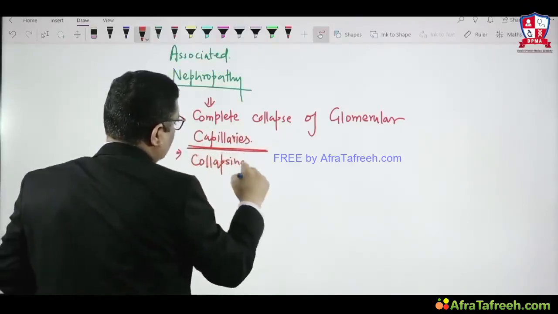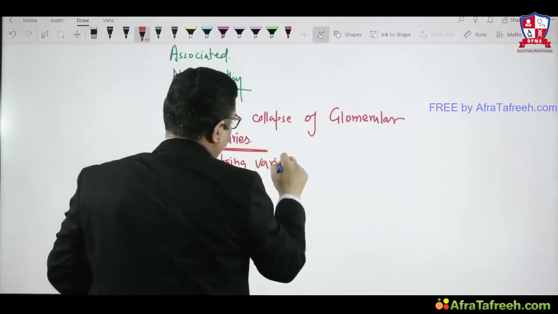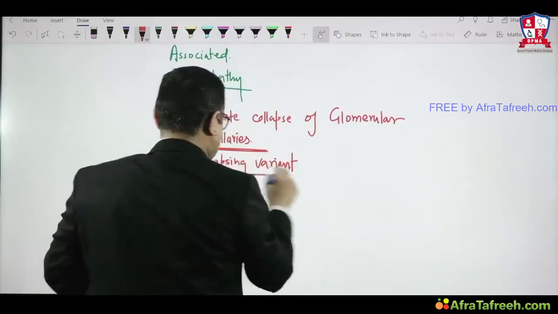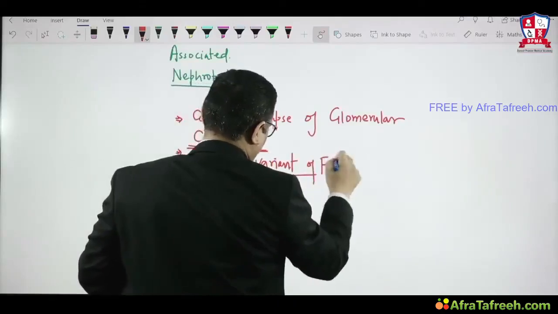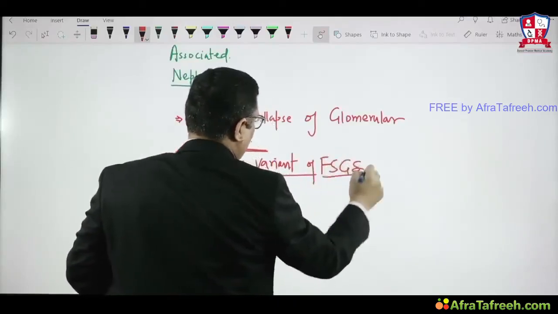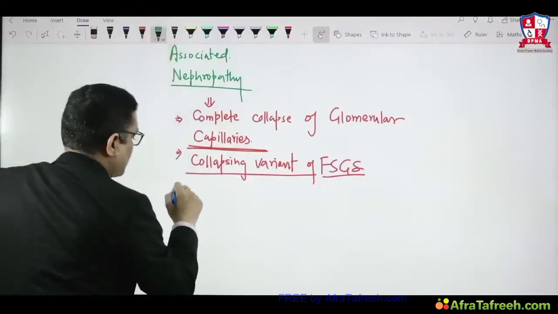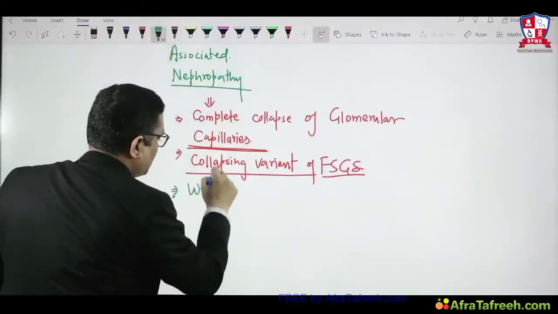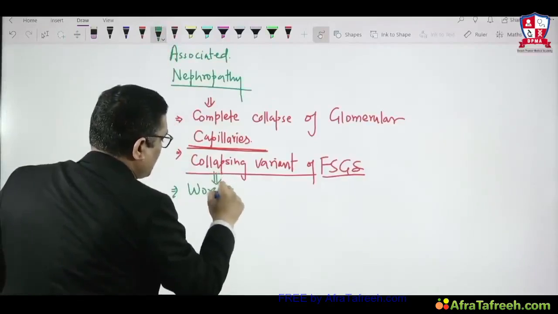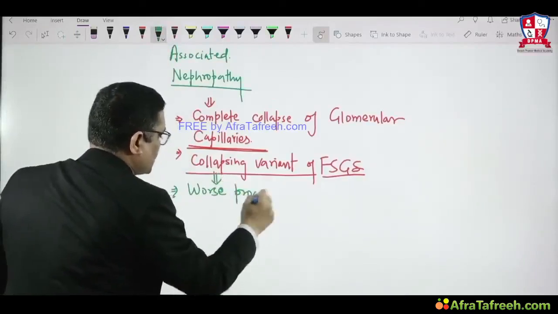Histologically they are the collapsing variant of FSGS, and that is why HIV associated nephropathy has a worse prognosis, right? So remember, the collapsing variant has a worse prognosis.